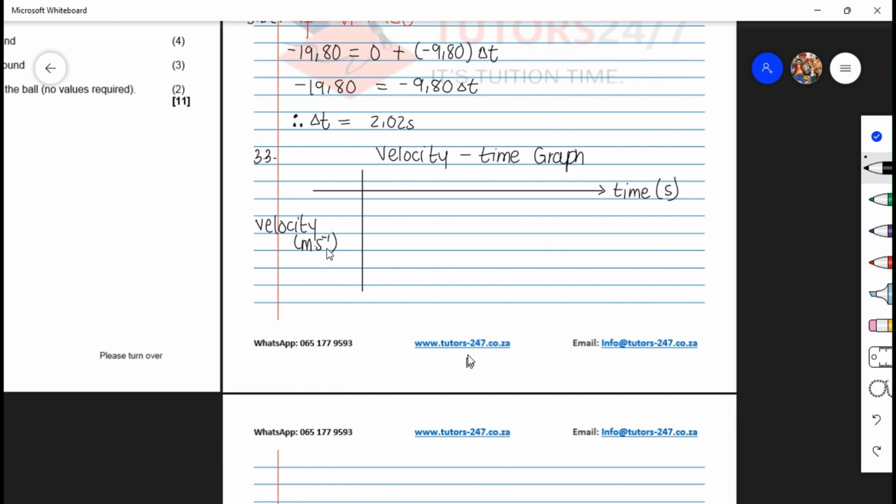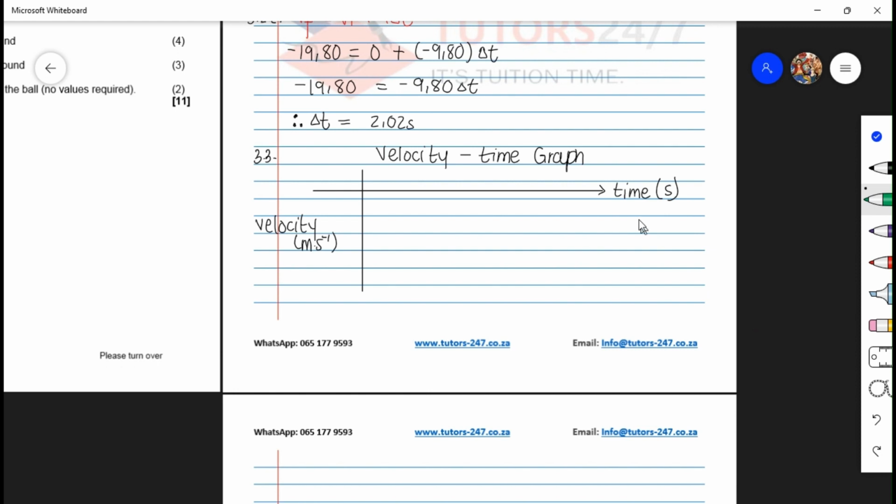Now, we are not allowed to include values, but to make life easier for ourselves, we can include them and just erase them afterwards. So let's look at our initial velocity and our initial time. So we can use a coordinate system because that is something that we are used to from math functions.